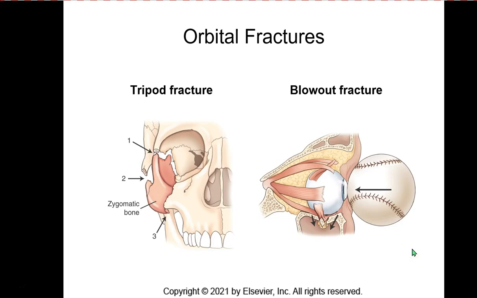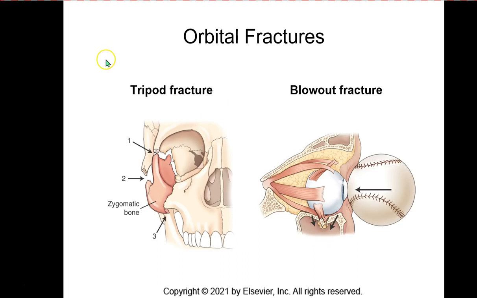As the floor of the orbit ruptures, and you can see that here, and remember this is maxilla bone here, the inferior rectus muscle is forced through the fracture into the maxillary sinus, causing entrapment and diplopia, which means perception of 2 images or double vision. So again, some important things happening around the orbits, and fractures can certainly impair our vision.